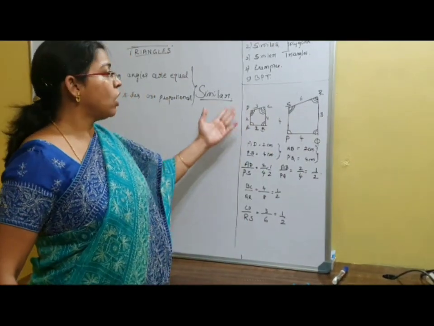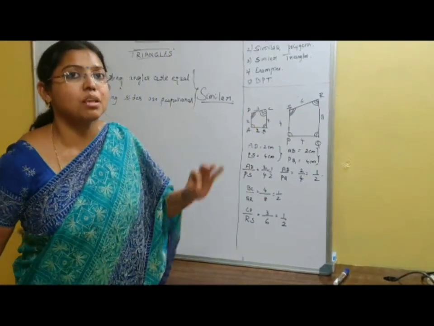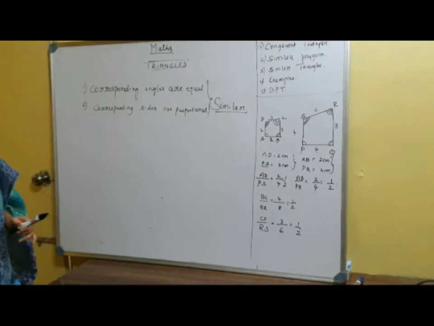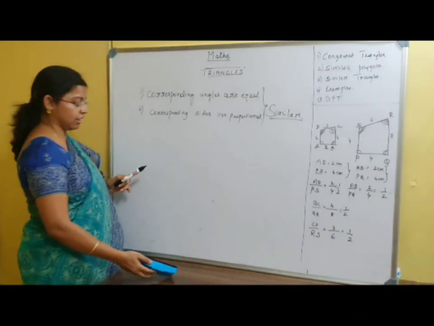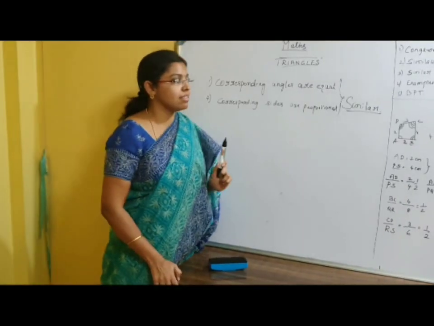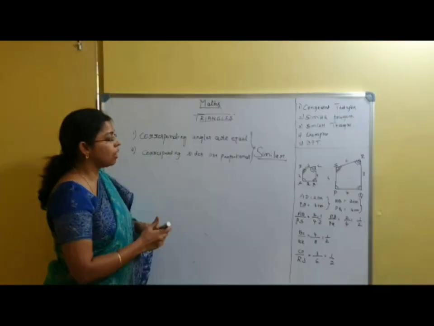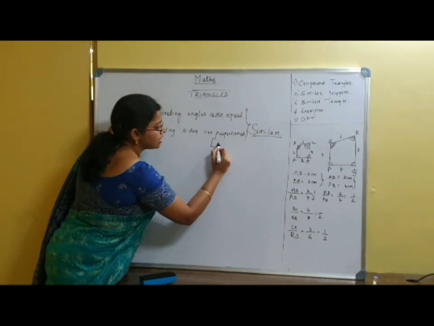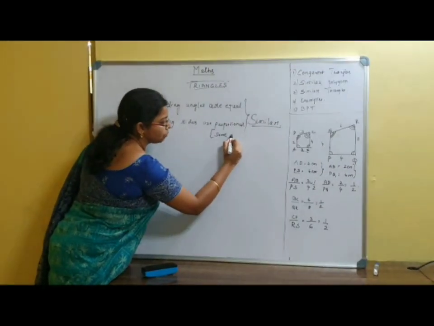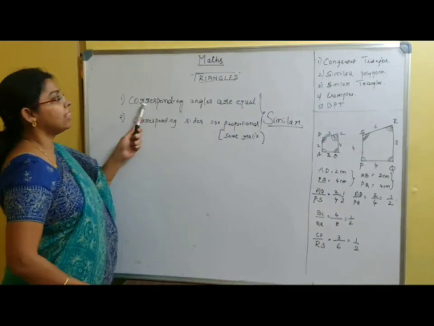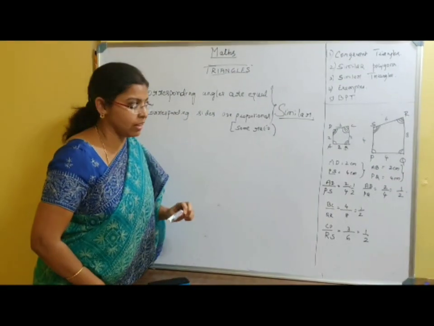That is why we call these two quadrilaterals similar polygons. So now we define similar polygons once again. We say two polygons are similar when the corresponding sides are proportional or are in the same ratio, and the corresponding angles must be equal.